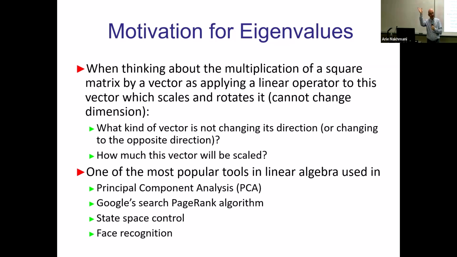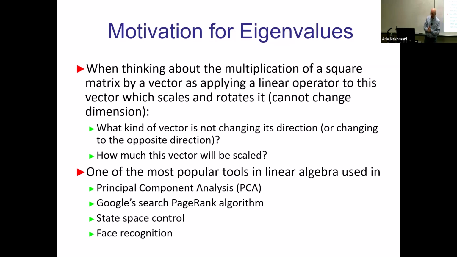It will look in the same direction. The pointer will be in the same direction, or maybe the opposite direction, like negative, but on the same straight line where it was originally. That type of vector is called an eigenvector, from German, like self vectors. They are not changing their direction at all. These are eigenvectors. And this is why they are interesting.